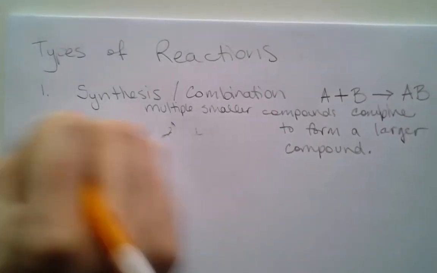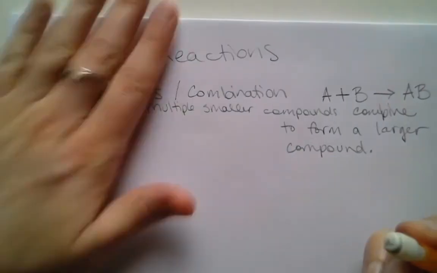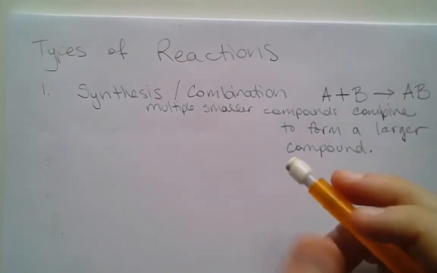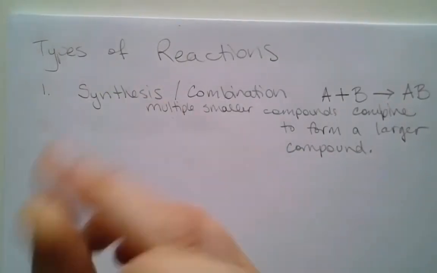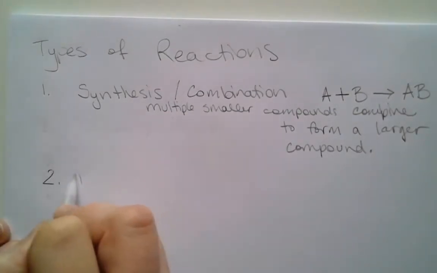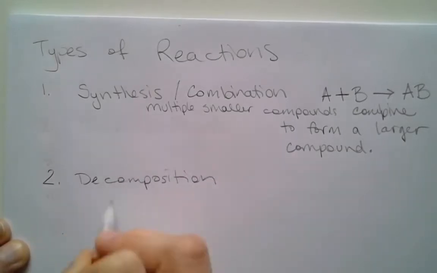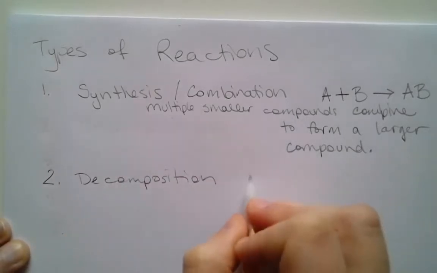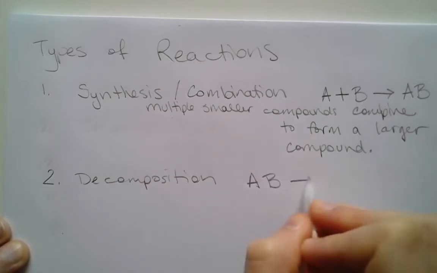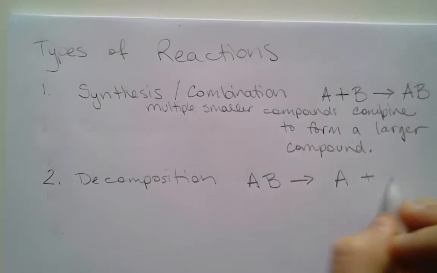The second type is decomposition. Decomposition is the opposite of synthesis. Synthesis is 2 smaller things combining to form a bigger thing. Decomposition is 1 larger thing decomposing, breaking down into 2 smaller things. Don't overthink it.